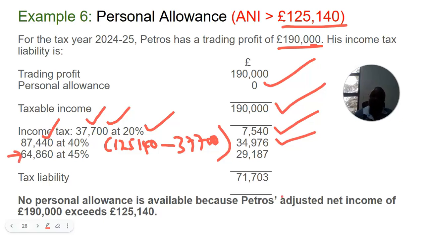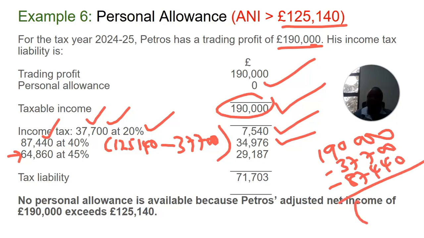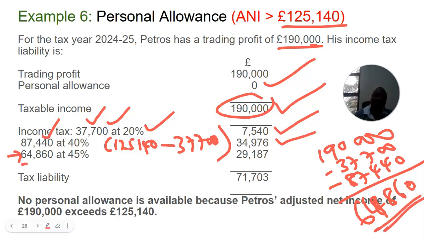You ask yourself, the amount to be taxed is 190,000, but we have already charged 37,700 and 87,440. So what is the balance? The balance should be 64,860, which is this amount.